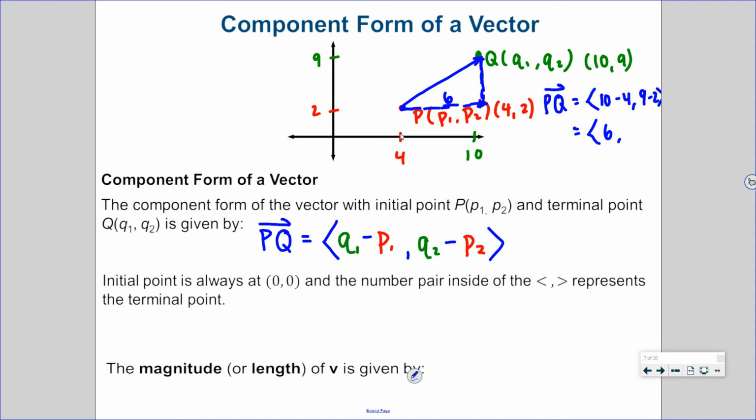So <6, 7> is what we call the component form of this vector. We often label it as <V1, V2>, where this first number is my horizontal component and this second is my vertical component. Okay, so let me show you one other thing.